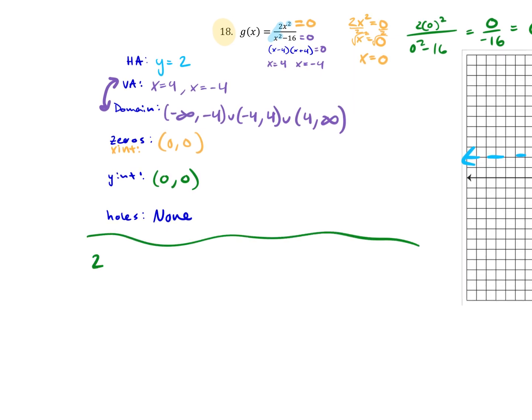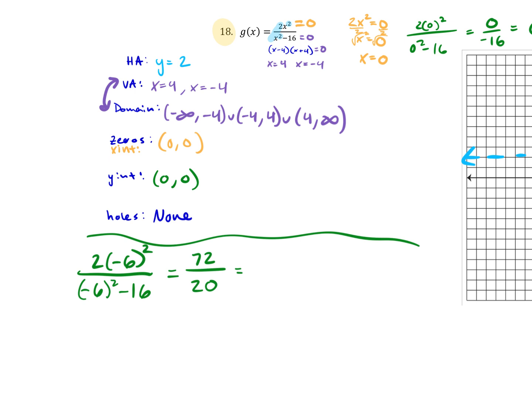So I have 2 times negative 6 squared over negative 6 squared minus 16. Make sure you follow your order of operations here. You've got to square it first. So negative 6 squared would be 36 times 2, 72, over 6 squared is 36, minus 16 would be 20. When you plug in numbers, you'll get fractions.